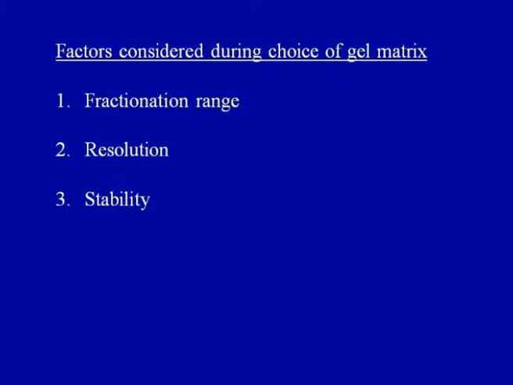Then you have to consider resolution. For higher resolution, smaller beads should be utilized. They will give better resolution because molecular diffusion is lower and there is less zone broadening. However, smaller particles give higher resistance, so you have to use high performance chromatography or very good pumps for that purpose.